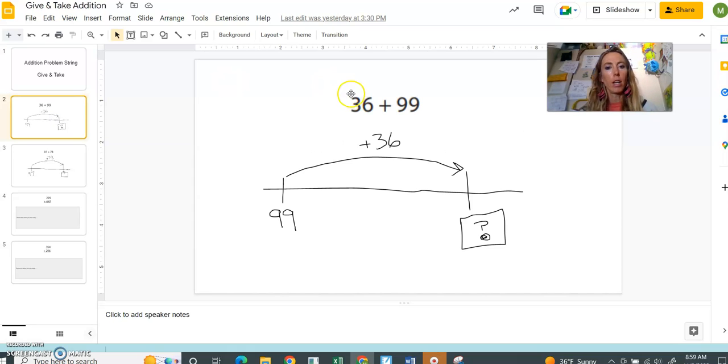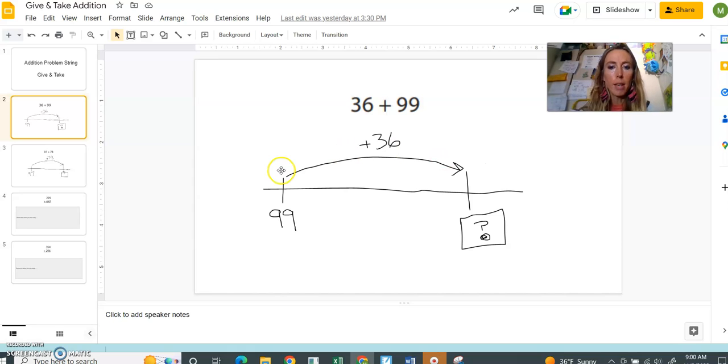So I'd give out this problem, 36 plus 99, and they work it to the best of their ability. Maybe they want to use the number line, maybe they don't. And then we come back together, and you can look around and see some ideas kids have.